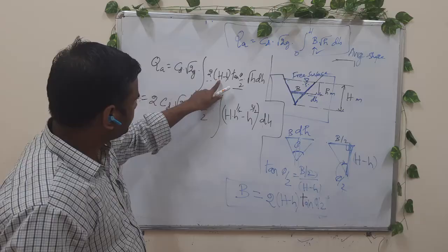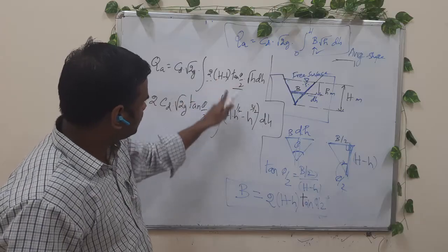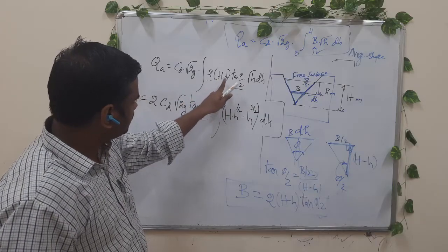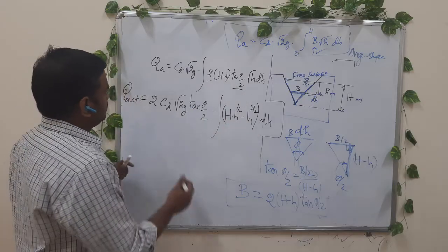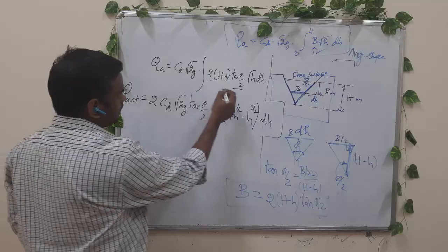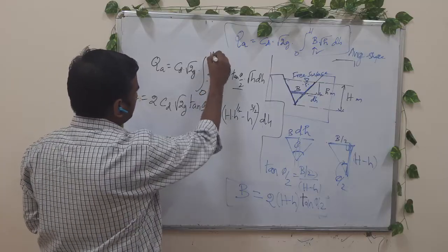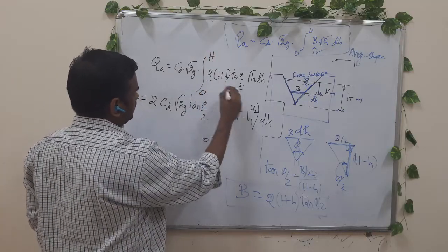Therefore, when you write it as 2 terms, you have H into square root of h minus h power 3 by 2. Now this integration limit is between 0 to capital H. So integrating in the same way.